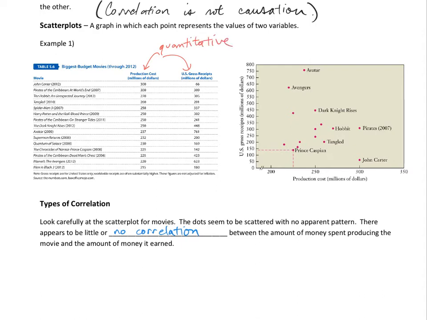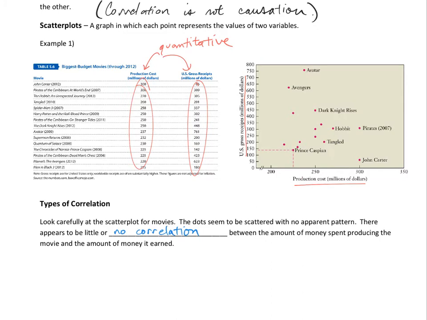They're both dealing only with numbers. So when we have only numbers, we put one of the variables along the horizontal axis and another variable along the vertical axis. And honestly, it doesn't matter which way. This axis could have just as easily been production costs, and this axis could have been labeled U.S. gross receipts. They could have flipped.